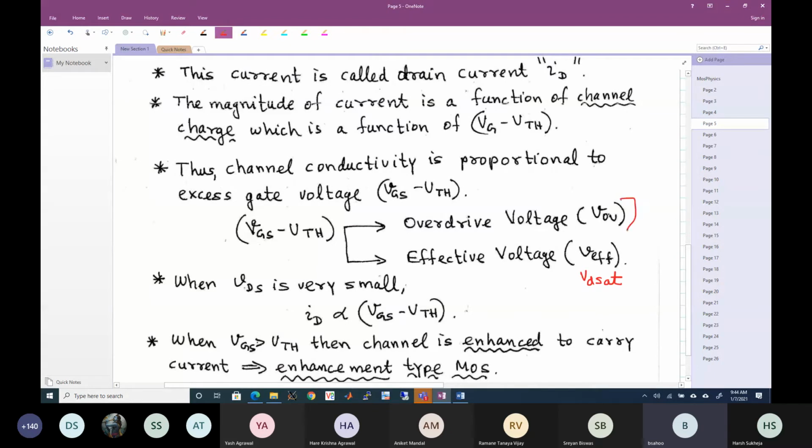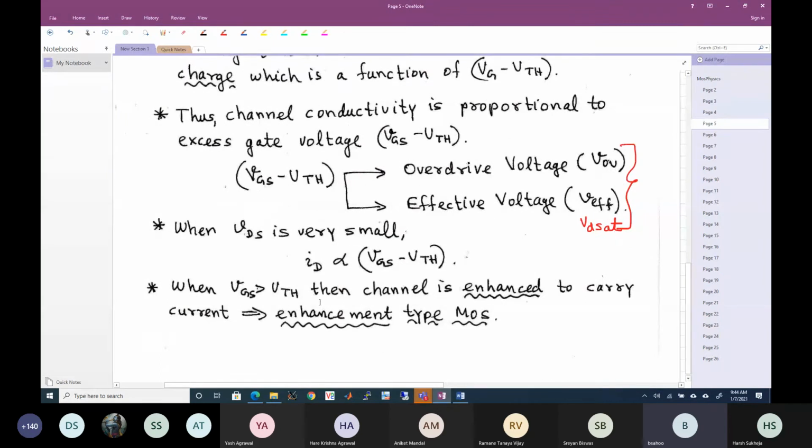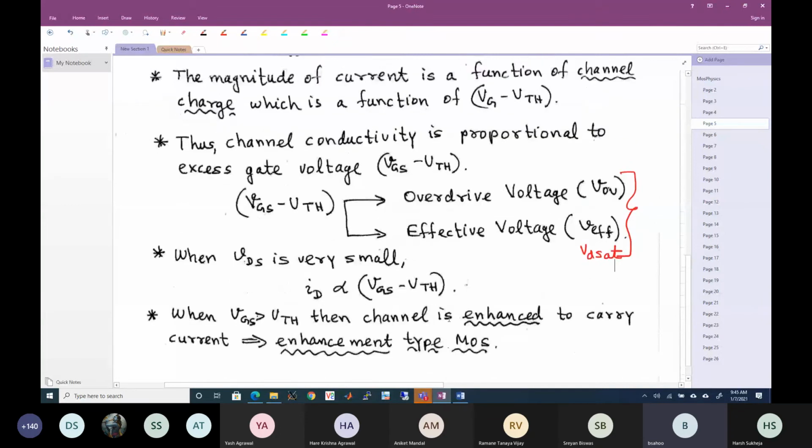Again, three terms which mean the same thing, which is the excess voltage. Well, VDSAT I would have introduced later, but I'm giving you the three terminologies. So when VDS is very small, ID is proportional to VGS minus VTH. When VGS is above VTH, the channel is enhanced to carry the current, and therefore it is called an enhancement type MOSFET.